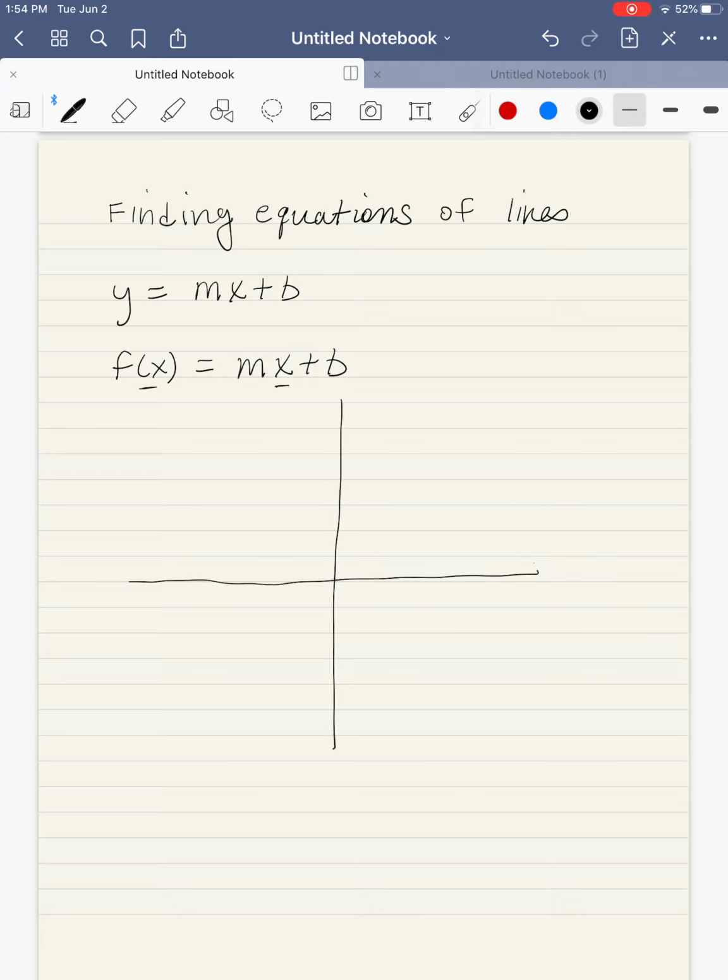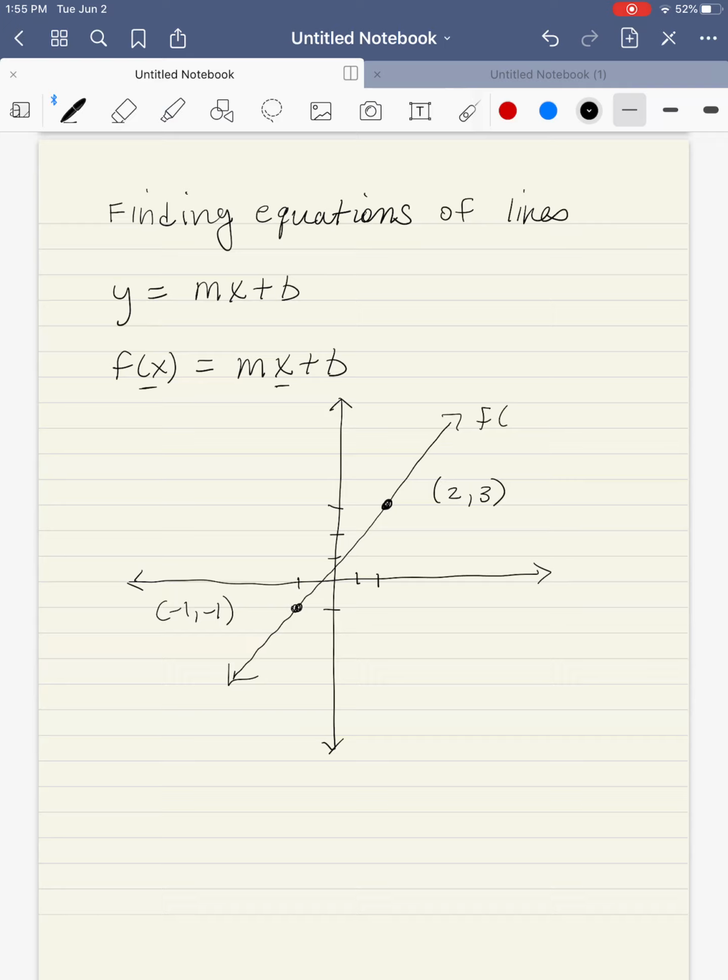Let's say that we have a line where we know a couple of points. For instance, say we have the point (2, 3), and then we have the point (-1, -1), and we have an equation, a line through those 2 points.